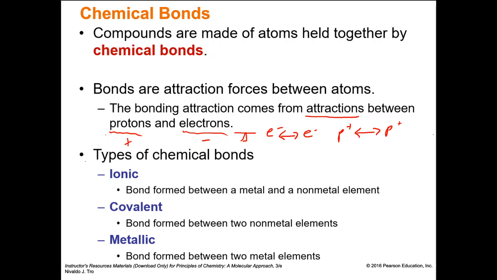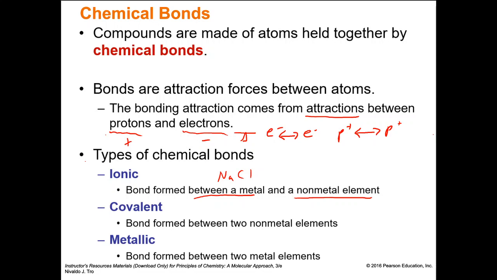So, a couple types of chemical bonds. The first one we have is ionic. This is between a metal and a non-metal element. An example of a very common ionic bond would be sodium chloride. We'll get into why we call that an ionic bond, or what separates it from the other bonds, in just a little bit.